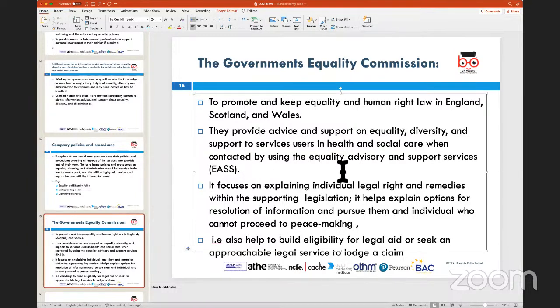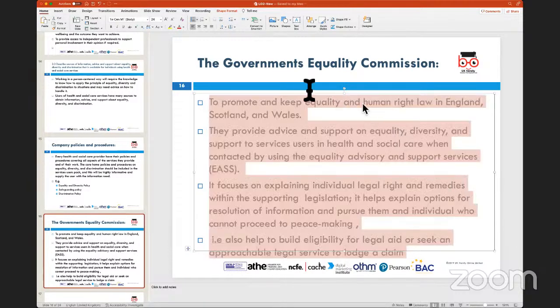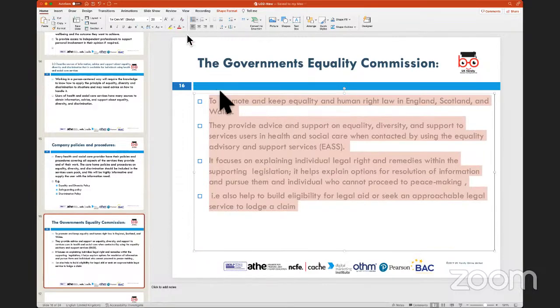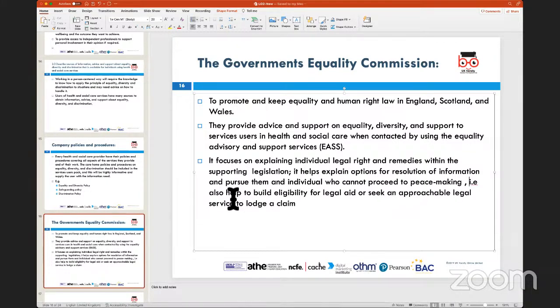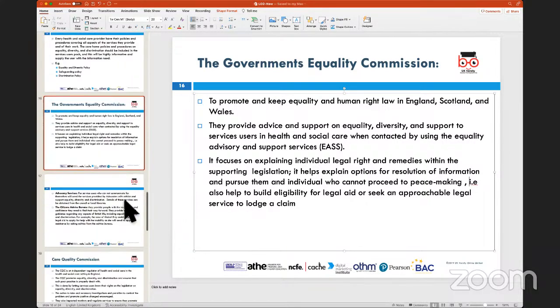And this particular agency is able to provide free advice and support on matters relating to equality, diversity, and discrimination. Now, it provides messaging in the form of leaflets, information through its website, and this is done both for the end user and also for organizations to ensure that they are able to implement these guidelines, which are in line with the government policies and legislation.